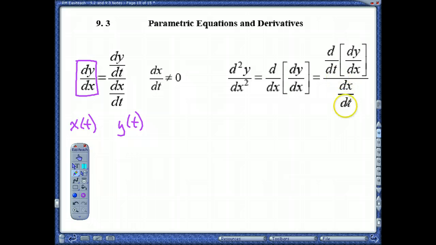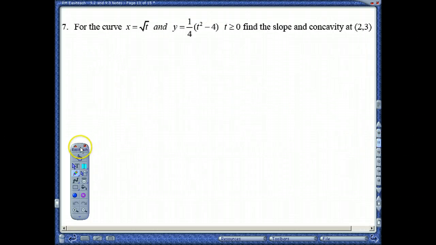That way those dt's, so to speak, cancel, and you would have your second derivative. So it's a little bit different than you might think. You're taking the derivative of the first derivative you just found and then dividing that again by dx over dt. So let's see what this is going to look like live and in person.